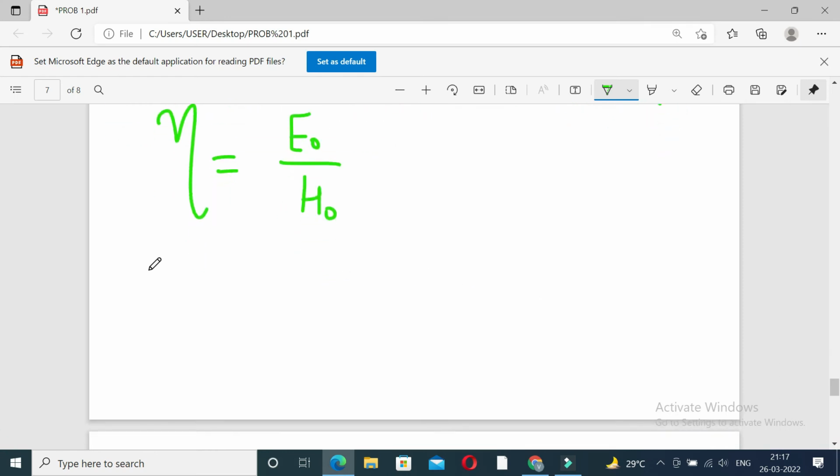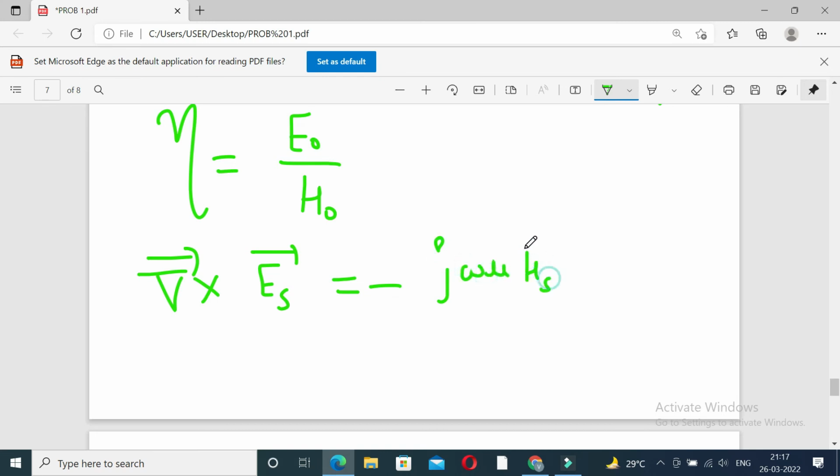We know del cross Es is equal to minus j omega mu Hs. This is Maxwell equation number 3. Now Es vector is equal to E naught e to the power minus gamma z into ax. Actually it is written Exs, so we can write Es also.